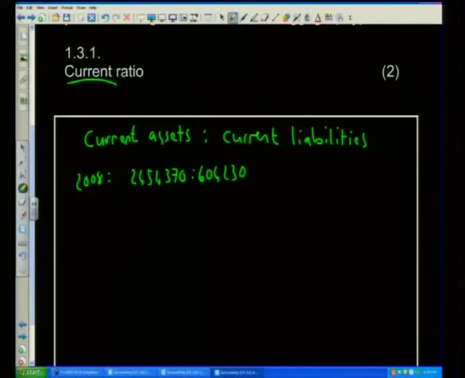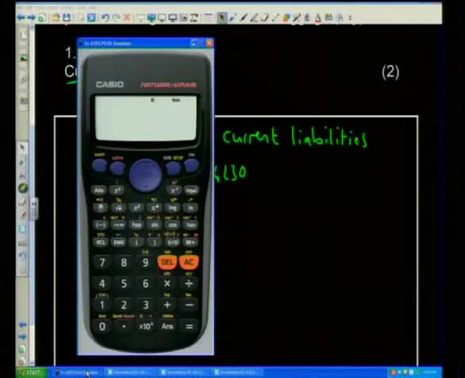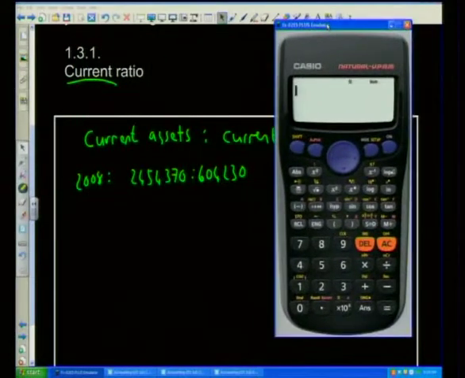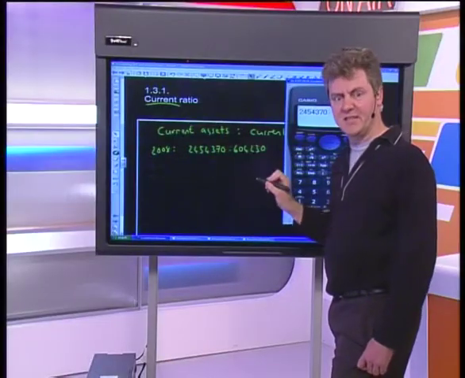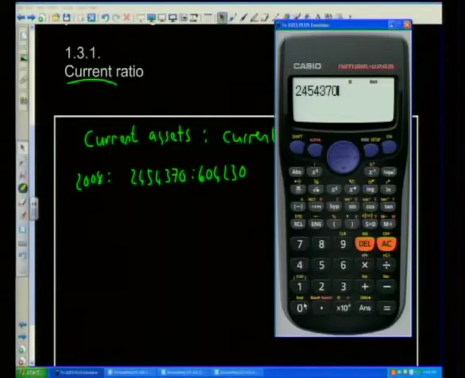And let's get the calculator up on the screen and just calculate that ratio right now. So we've got 2454370, and we'll put that as a ratio to 604230. Remember, mindsetters, when you're doing this, the ratio sign means that you must divide. So you're going to divide this by the right-hand side, which is 604230.